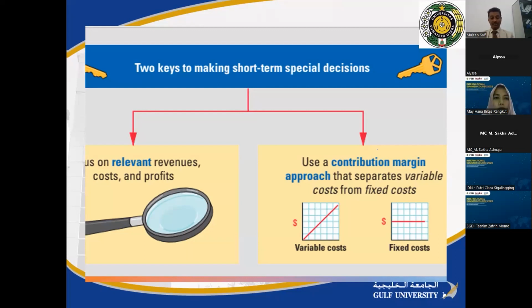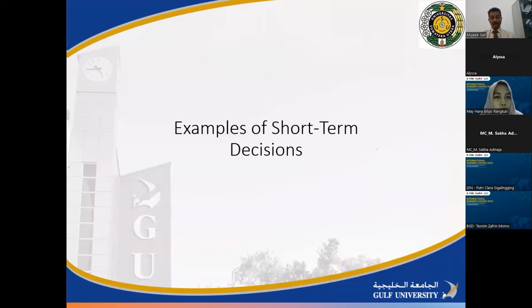So there are a lot of techniques that we can use to provide a report to the managers to help them make a decision.